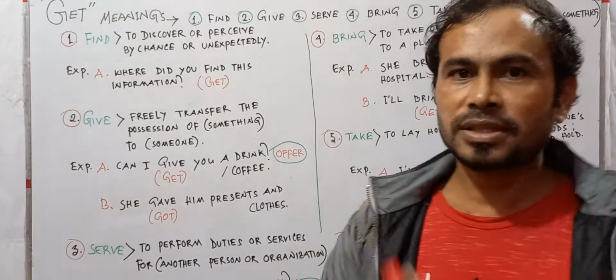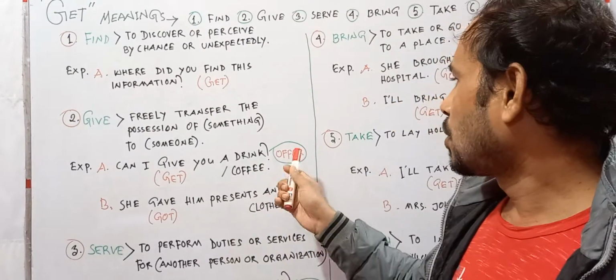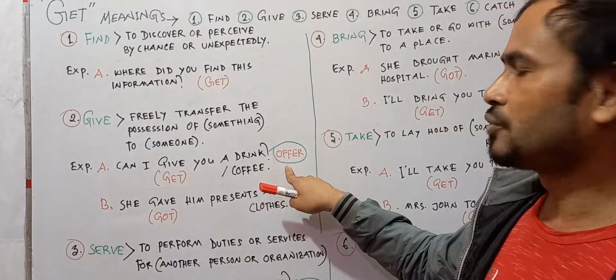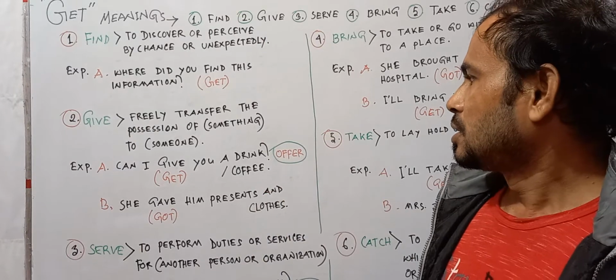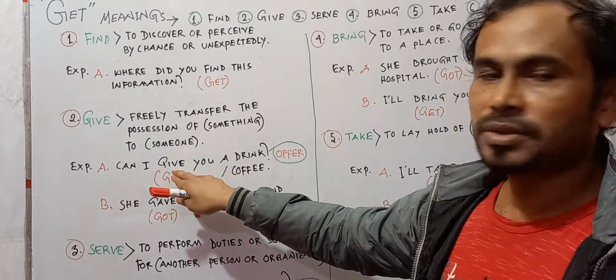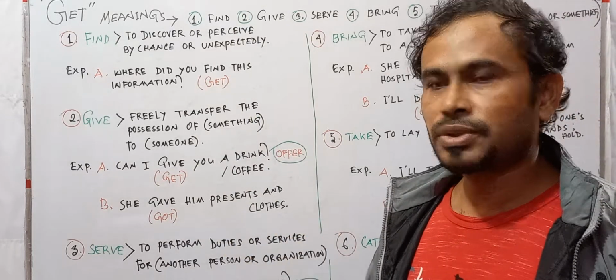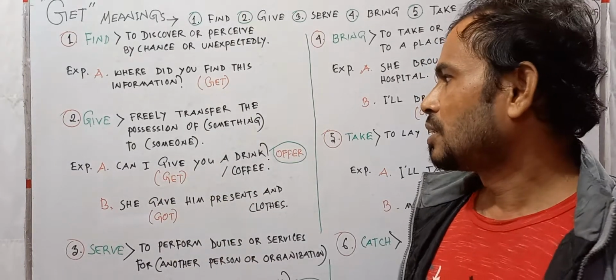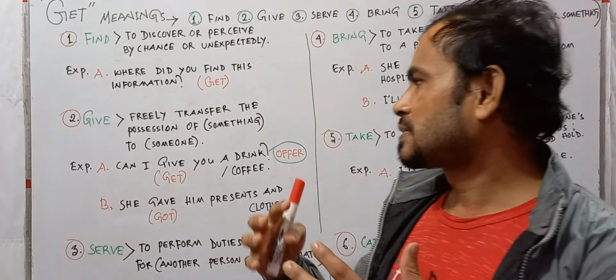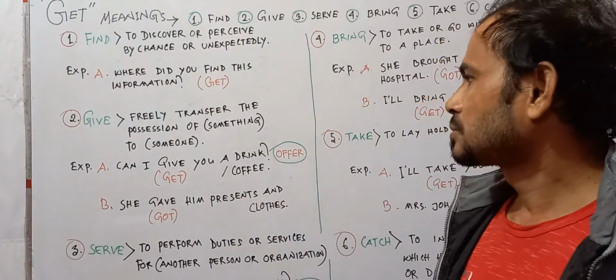This type of sentence, when you see it, means offer. Here you see I have written offer. So instead of using give in this statement, we have to use get to express it better.